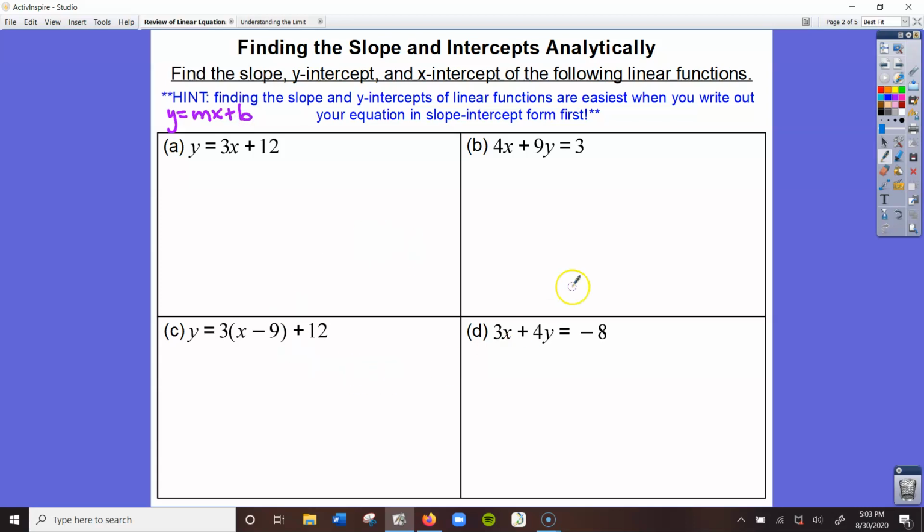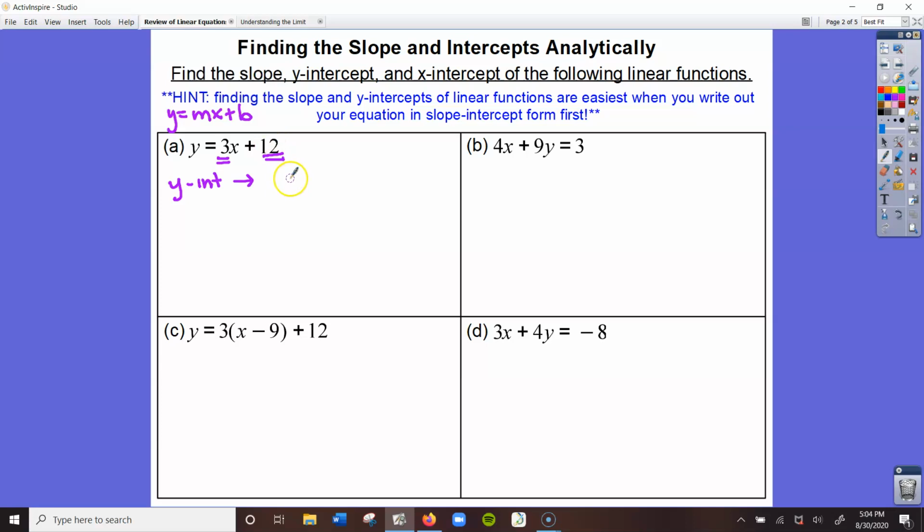Now all of these here are not written y equals mx plus b, but this one is. Just by looking at it, I already know two pieces of information. I know what my slope is, because that is your m, and I know what my y-intercept is, because that is the b. So right here, we have the y-intercept, which is, remember, a coordinate.